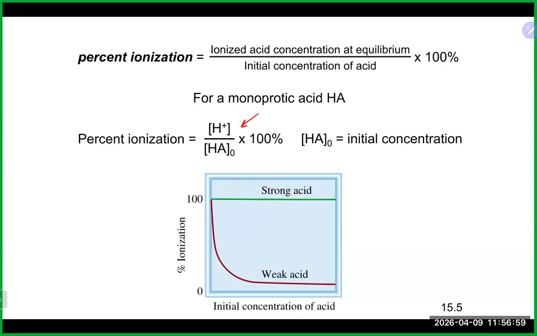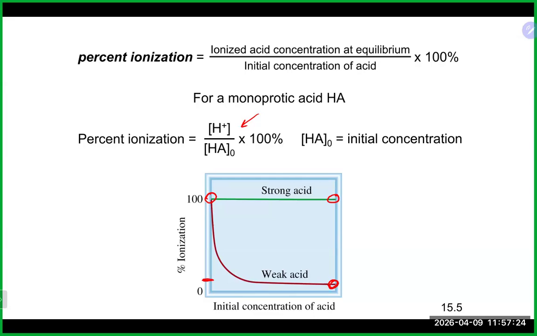Obviously, something that is a strong acid will completely ionize. You'll have 100% ionization. With a weak acid, we get some different percent ionization that occurs. And earlier, as we talked about in terms of the concentration, you can see that as the concentration gets larger, the percent ionization gets smaller.